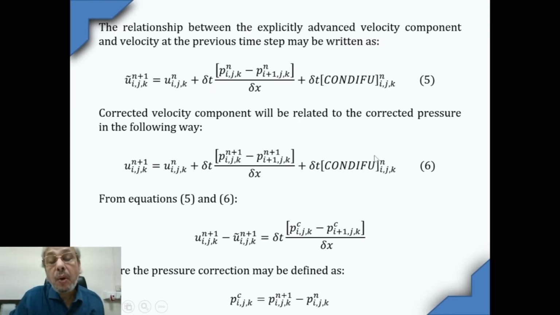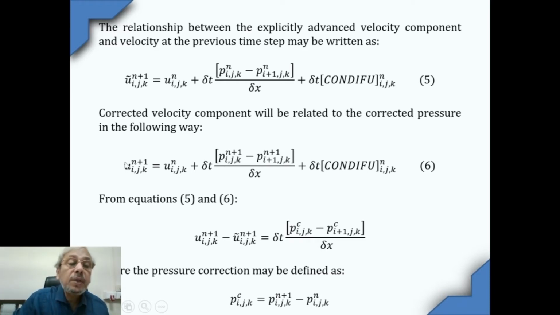Now what should have been the ideal situation? Let us discuss that. The ideal situation should have been that these pressure quantities, instead of remaining at a level n, were at a level n plus 1.